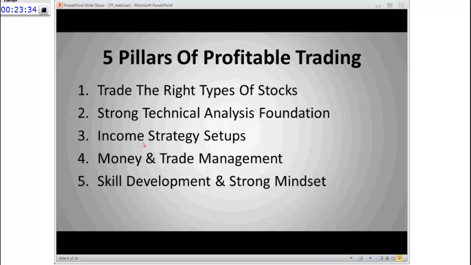Number two, have a strong TA foundation. Basically, know basic indicators. Keep it simple. Have a few income strategy setups. Personally, I have 5, and I taught you my most profitable one so far this year for free. So I hope that was some value for you. And also talked a little bit about money and trade management. And then the final thing is skill development and having a strong mindset.